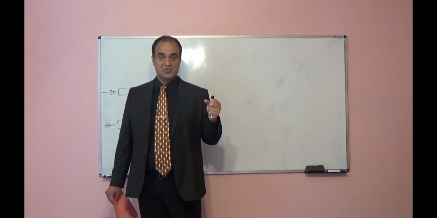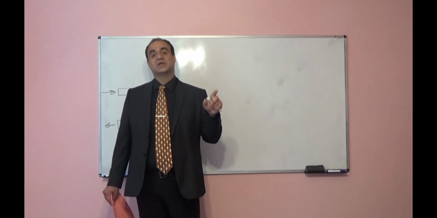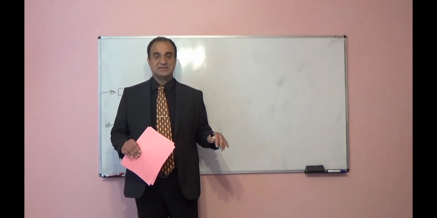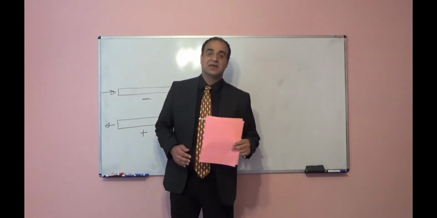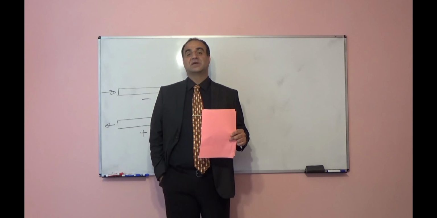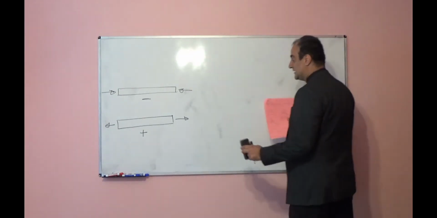One of them is the joint method, which is really easy. You will cut joint by joint and find all internal forces. I will explain that this session. Next session I will explain another method which is faster, and we call that the section method. So let's look at the joint method today.